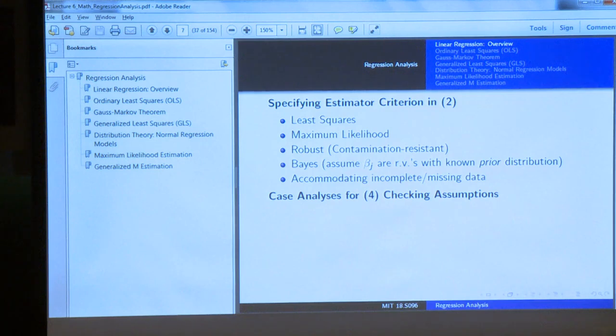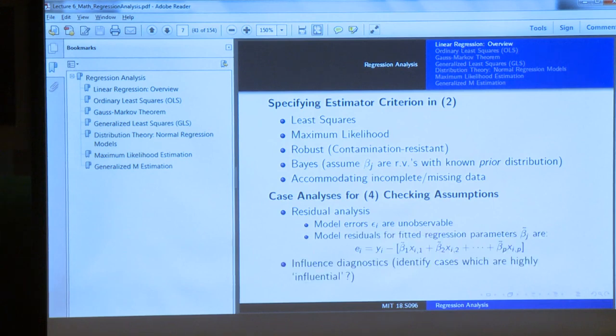Okay, then in case analyses for checking assumptions, let me go through this. Basically, when you fit a regression model, you check assumptions by looking at the residuals, which are estimates of the epsilons, the deviations of the dependent variable from their predictions.